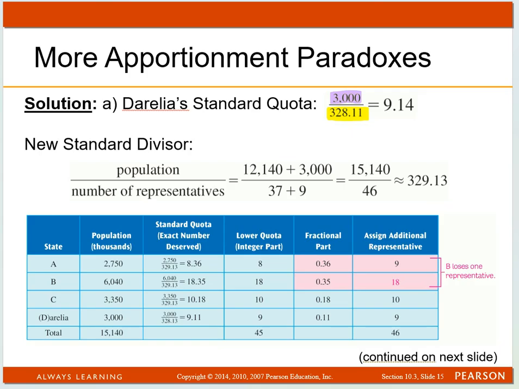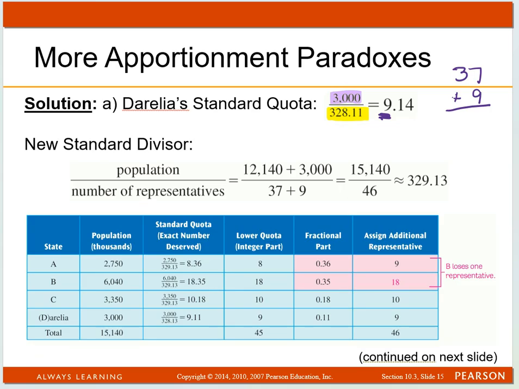That means there should be an extra 9 seats. So originally there were 37. And now we're saying, okay, to be fair, we need to add another 9 seats.